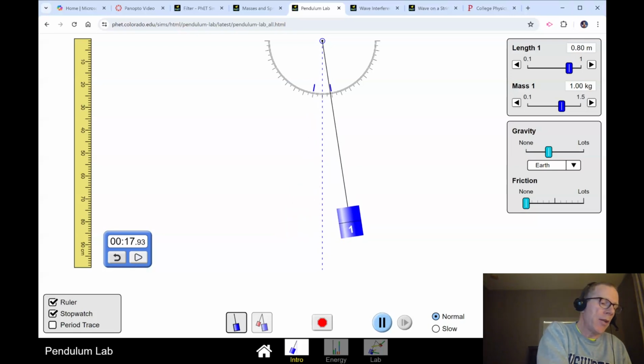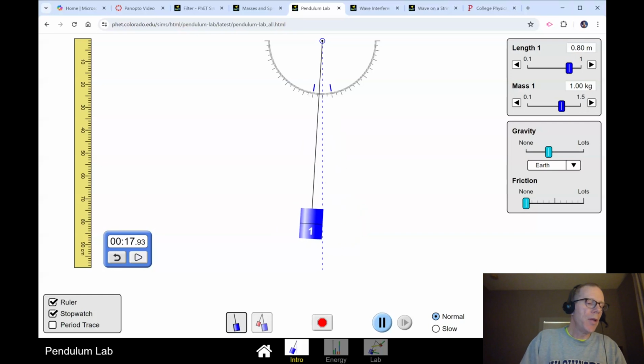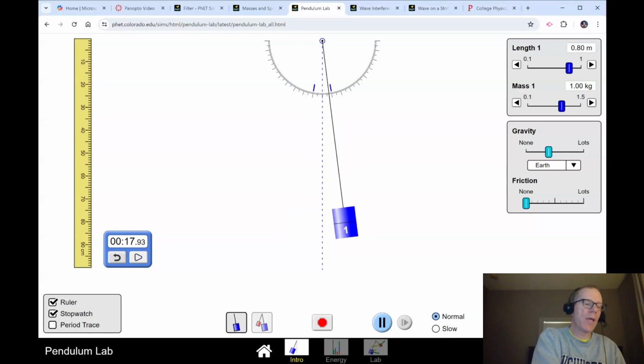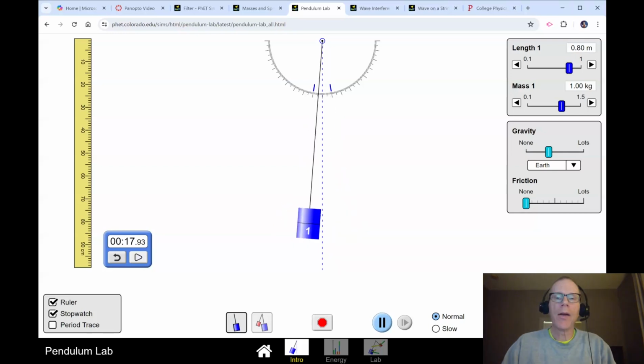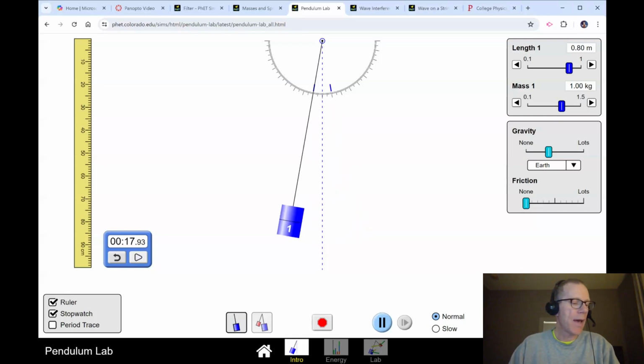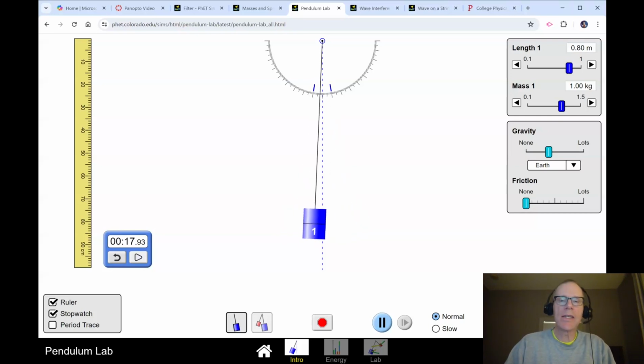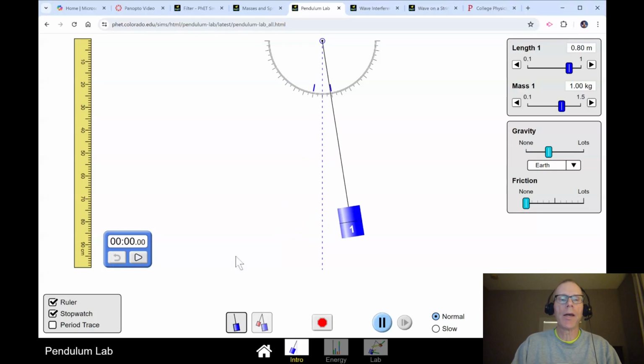So 17.93. So with 0.2 meters, I was 8.96, and with 0.4 meters, 12.72, and 0.8 meters, 17.93. So think about that relationship, and how does that fit with equation 16.29 in the book?